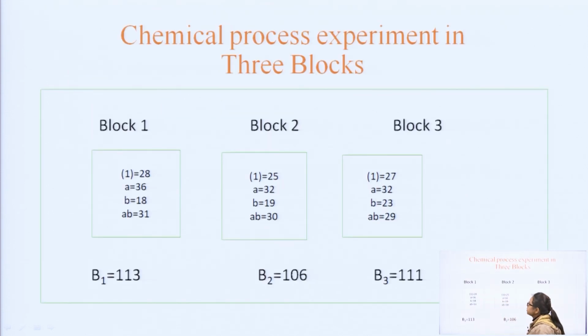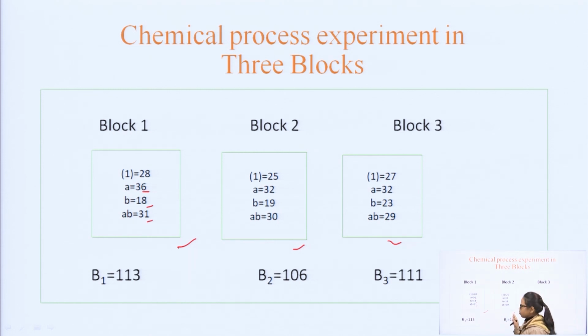So here we can see the chemical process experiment in 3 blocks. How do we conduct the chemical process in 3 blocks? This is block 1, block 2 and block 3. Here A value is 36, B equals 18 and AB equals 31.